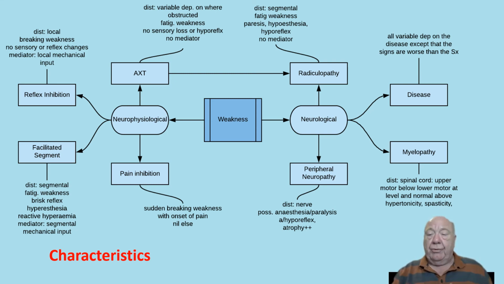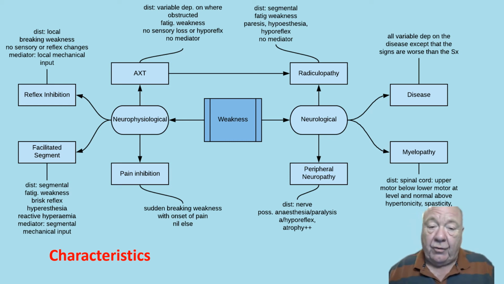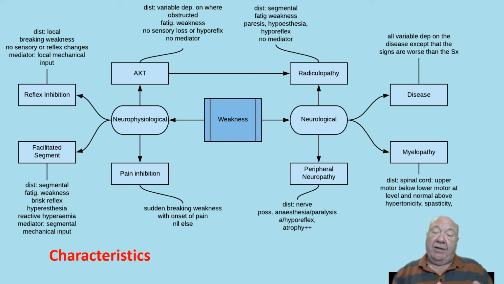It's local to the cause of the weakness, and it's patterned. It tends to form PNF type patterns around. It's interesting. I'm not sure why this is, but you'll see that it's a patterned local weakness. There's hypotonicity and breaking weakness. It'll hold for a bit and then it will suddenly give way. Not a long time, but you'll feel it suddenly give way.